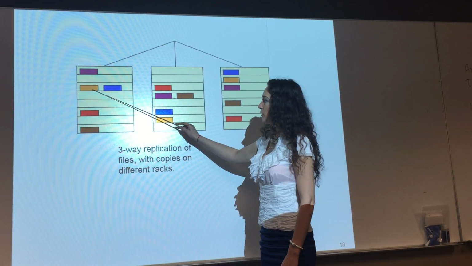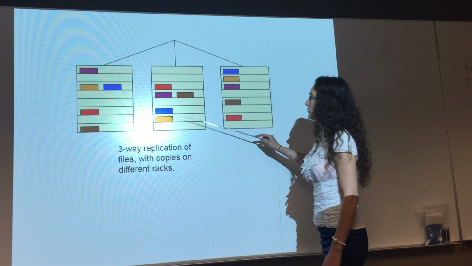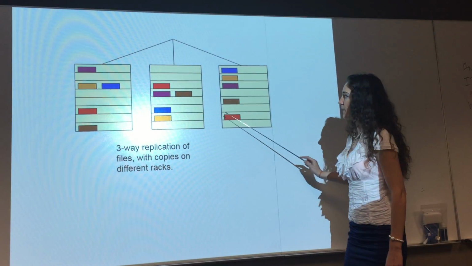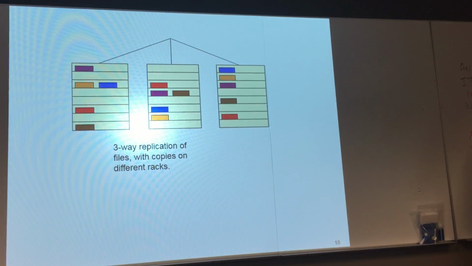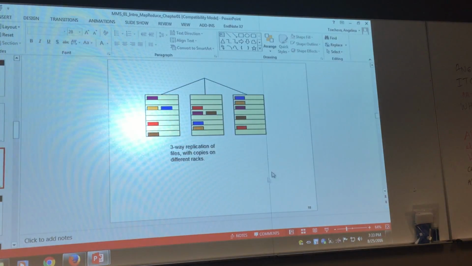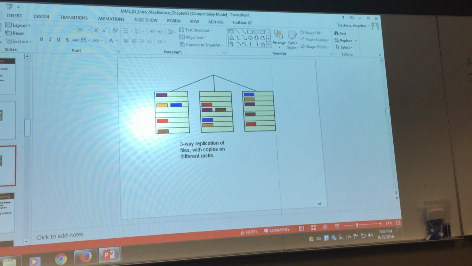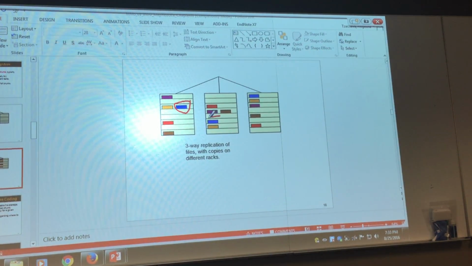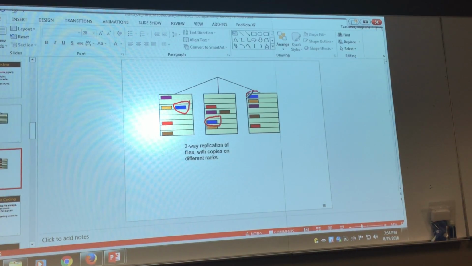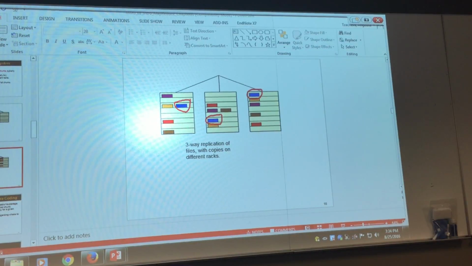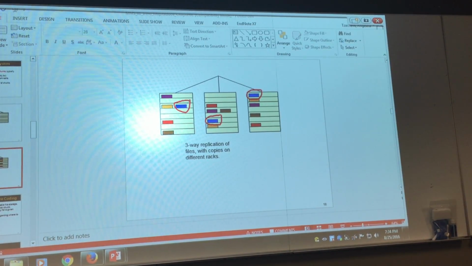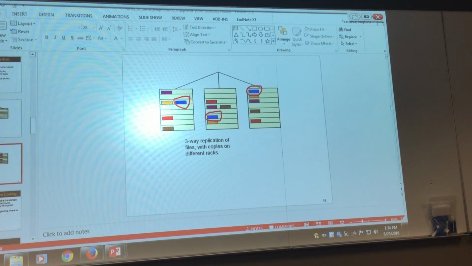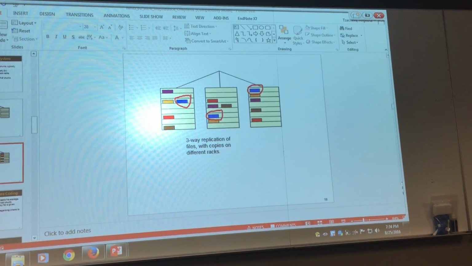So the orange piece, the yellow piece, as you can see, is here. The red piece is in 3 different places. The blue piece is also. So hopefully, if any of those pieces fail, then we can obtain the chunk from another node.